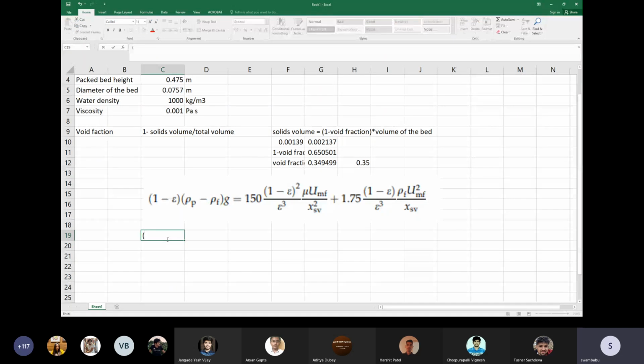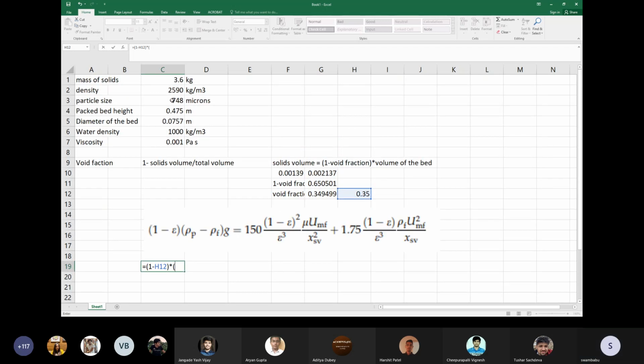So I calculate 1 minus epsilon, I'm just calculating the left hand side first. 1 minus epsilon into rho p, where rho p is particle density, minus fluid density, into 9.81. This is the left hand side term.